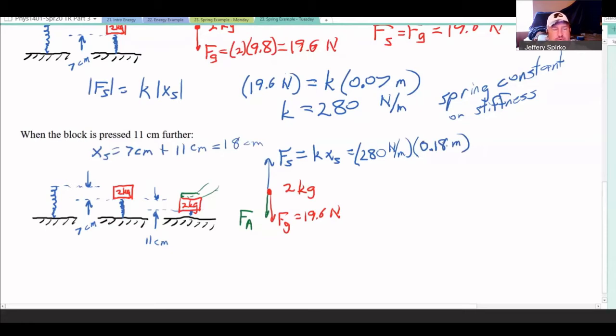So I put that in as 0.18 meters, and I have to calculate some things here. The new X of the spring is K times that, and that's supposed to be a plus. There we go. So this comes out to 50.4 newtons.